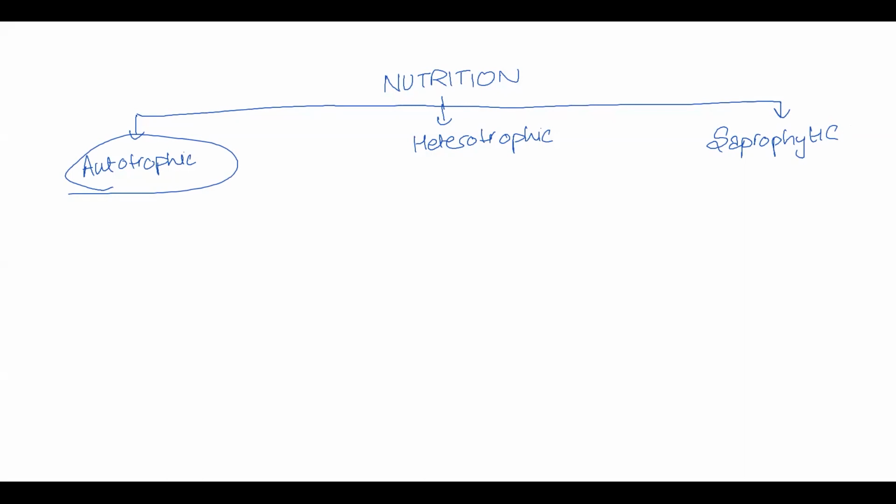Okay, so now we have seen the autotrophic mode of nutrition in plants. We are considering just plants for now. Now we will see a bit more. There are certain plants which have a heterotrophic mode of nutrition also. So now we'll be focusing on them.